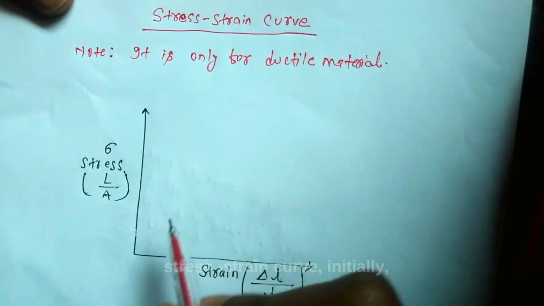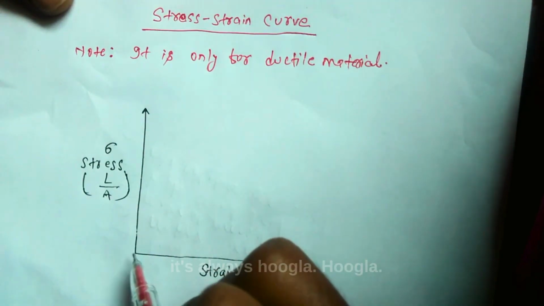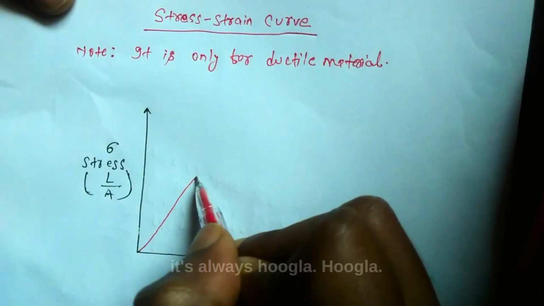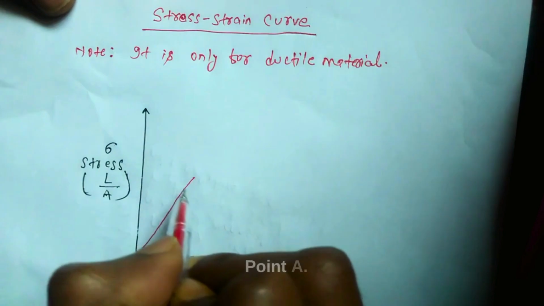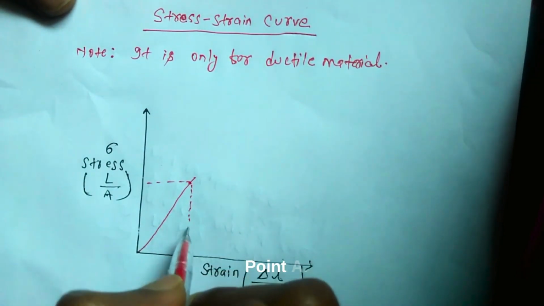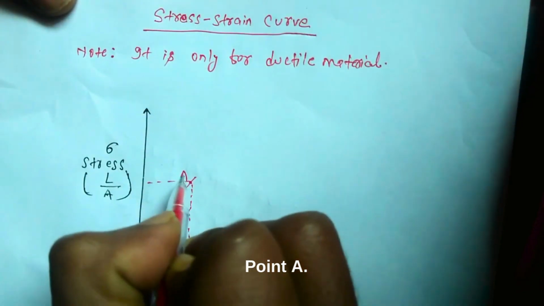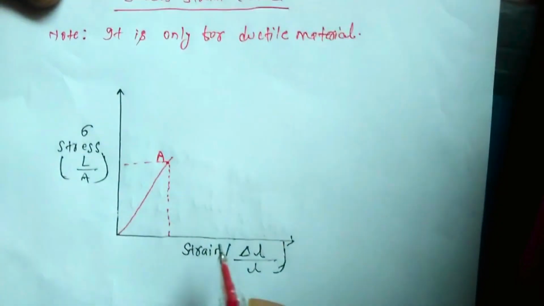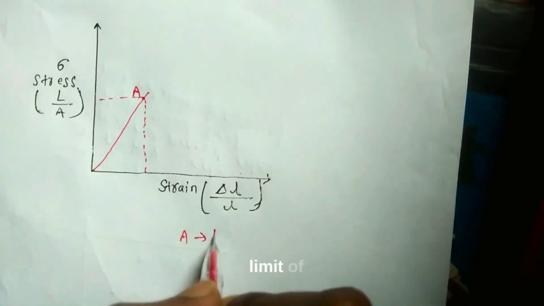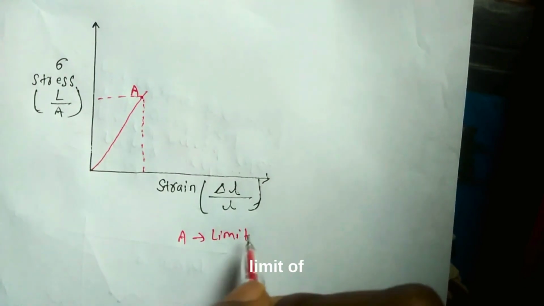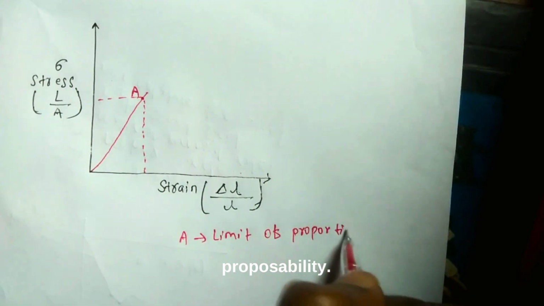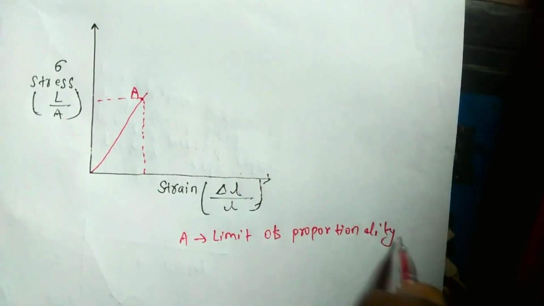In the stress strain curve, initially it obeys Hooke's law. Point A is the limit of proportionality.